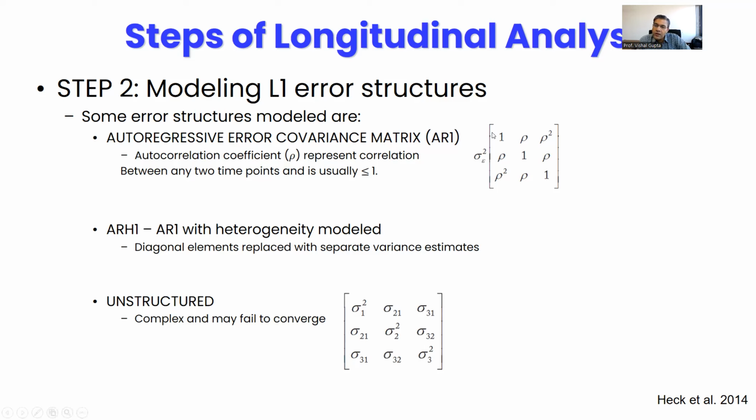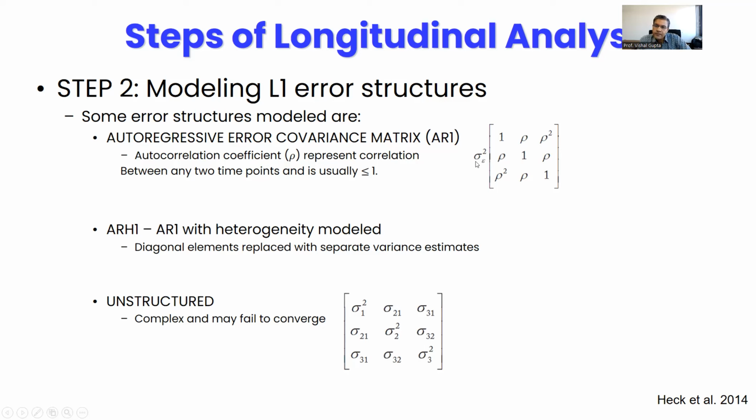So this is a good structure because you are saying I am modeling that the correlation is tapering off. My data at time 1 and time 3 will be less strongly correlated as compared to data at time 1 and time 2. So this is a better structure.